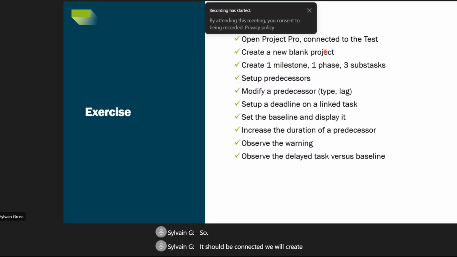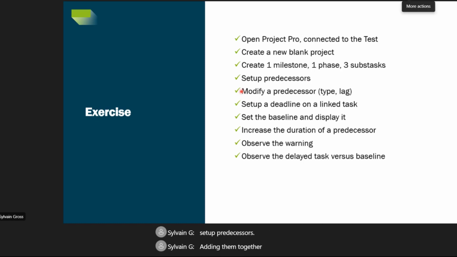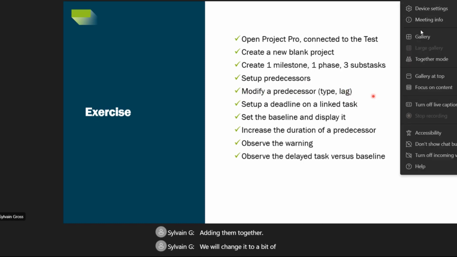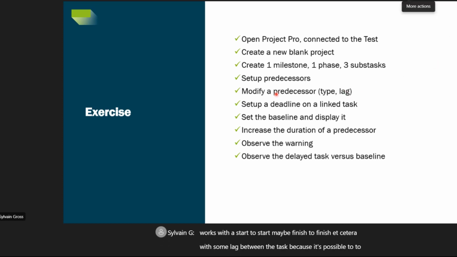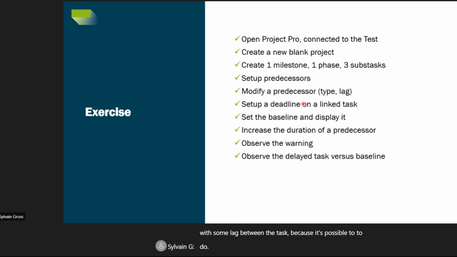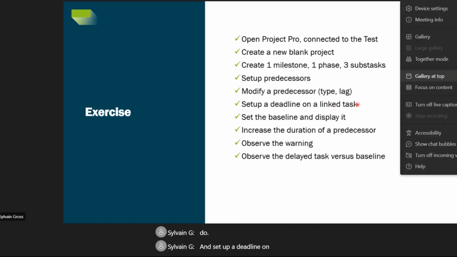So we will create a new blank project, create some tasks with milestone, phase, and subtask, and set up predecessors, linking them together. We will change the predecessors a little bit to see how it works with start to start, maybe finish to finish, etc., with some lag between the tasks, because it's possible to do. And set up a deadline on linked tasks.